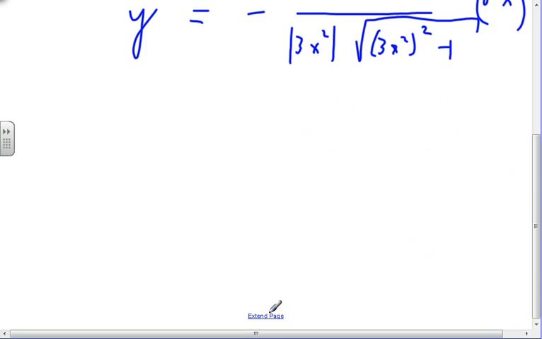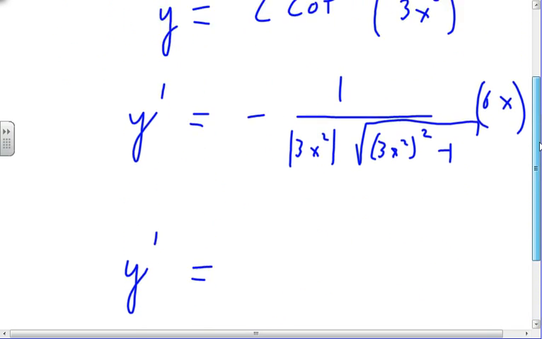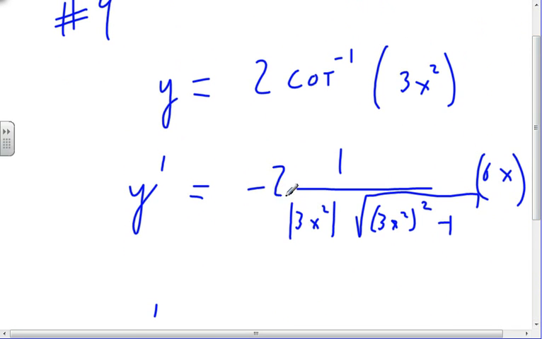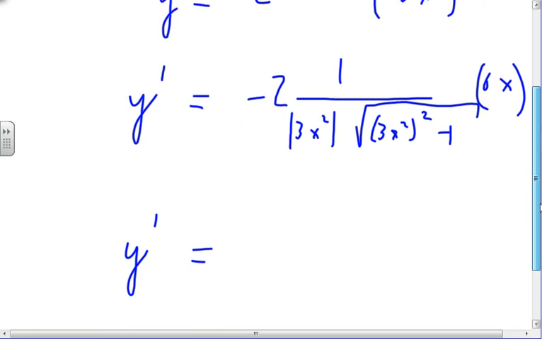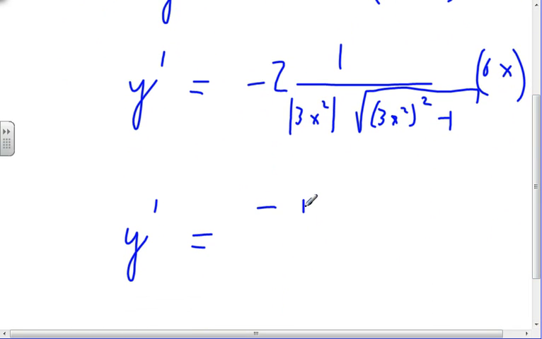All right, so I would probably rewrite that y prime. 2 times, oh, there's got to be a 2 there. Yeah. So I got minus 12x. There's a 6 here, and there's a 2 there, and there's a minus sign there.